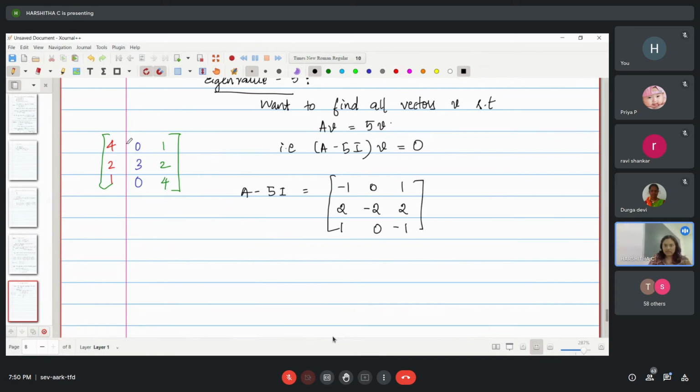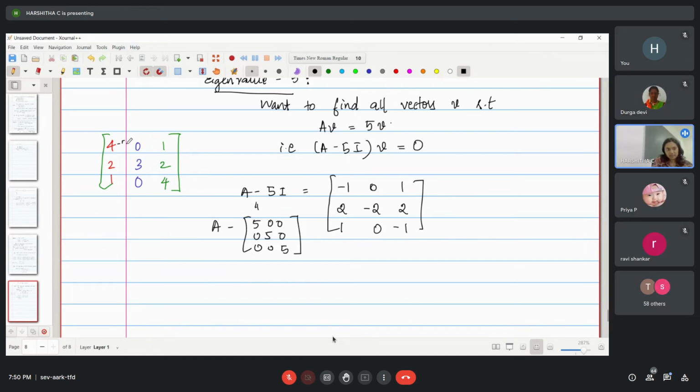Is this okay or should I actually write out what it is? A minus 5 times identity is nothing but A minus the matrix 5, 0, 0, 0, 5, 0, 0, 0, 5. Which means from each of the diagonal entries you're subtracting 5. That's what you're doing to get the matrix.